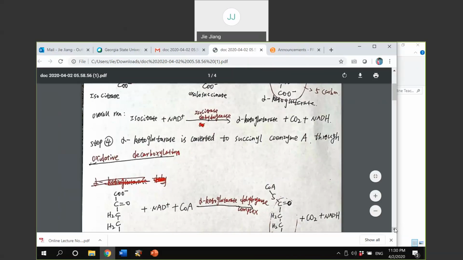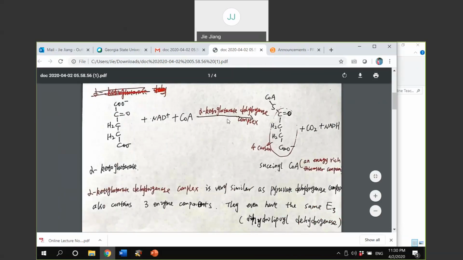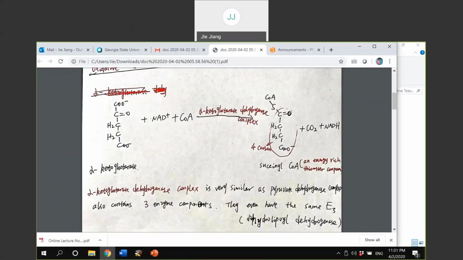In this redox reaction, the first carboxylic group is oxidized to carbon dioxide and then removed from the alpha-ketoglutarate. This reaction is catalyzed by the alpha-ketoglutarate dehydrogenase complex.